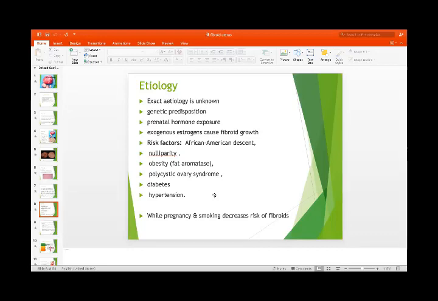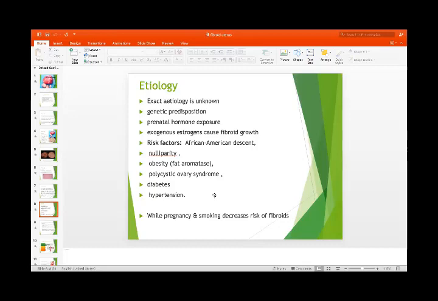The risk factors which may contribute towards the formation of a fibroid are African American descent, if a patient is nulliparous, infertile, or obese, because obese patients have more fat aromatase, which converts androgens to estrogen, and this estrogen causes growth of the fibroid.